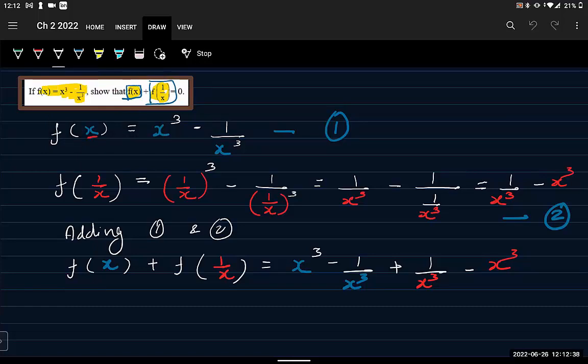Obviously, we can see over here x cube minus x cube gets nullified. 1 by x cube minus 1 by x cube gets nullified. So the final answer that we get is 0, which is what we have to prove.